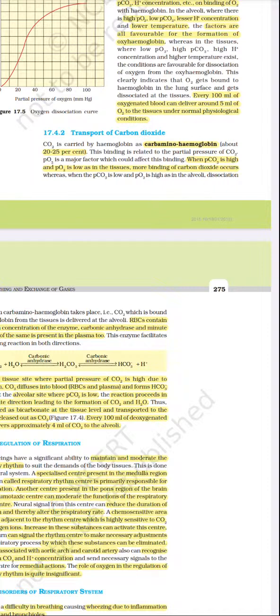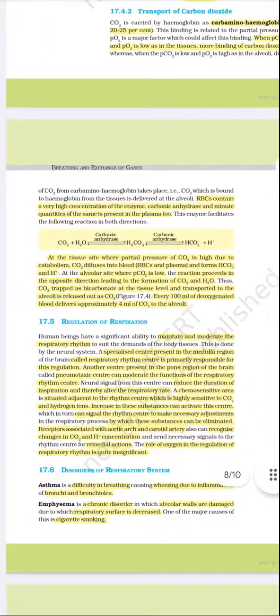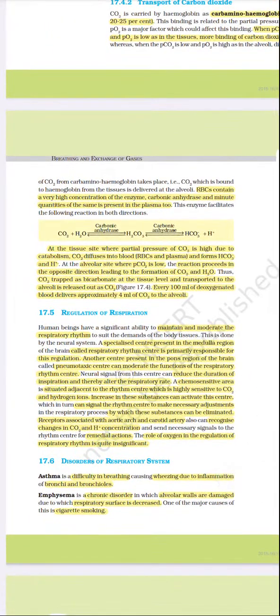When partial pressure of carbon dioxide is higher and partial pressure of oxygen is low, as in the tissue, more binding of carbon dioxide occurs, whereas when the partial pressure of carbon dioxide is lower and partial pressure of O2 is high, as in the alveoli, dissociation of carbon dioxide from carbaminohemoglobin takes place.